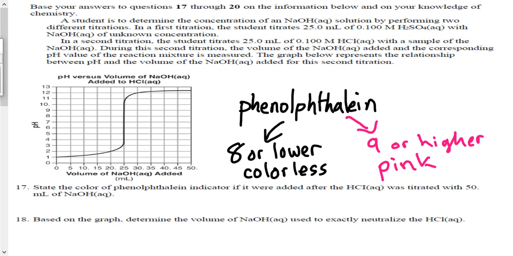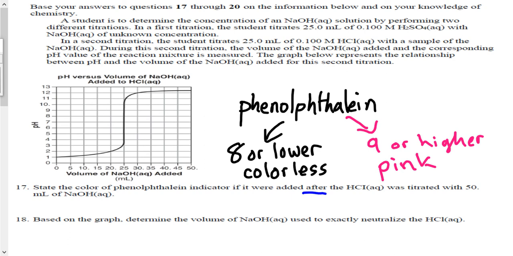So for question number 17, we have to state the color of phenolphthalein indicator if it were added after the hydrochloric acid was titrated with 50 milliliter of sodium hydroxide.